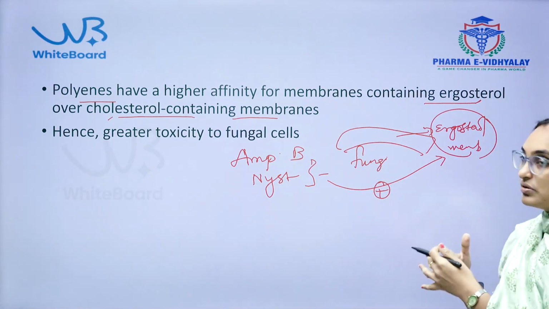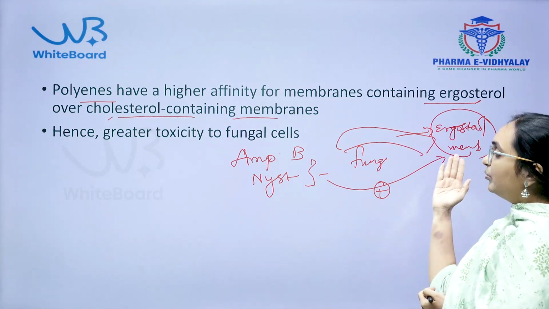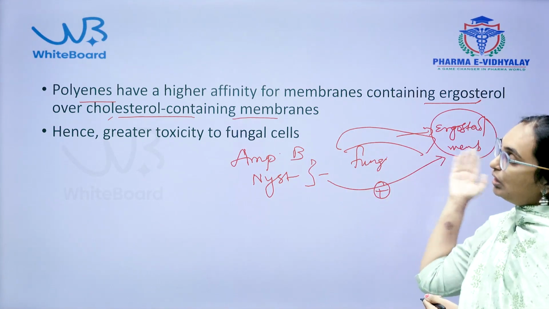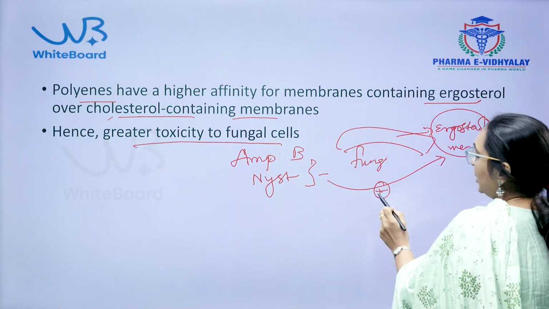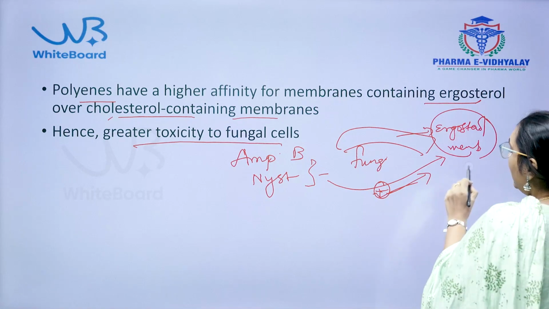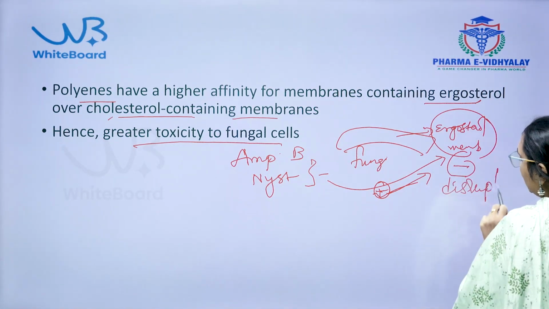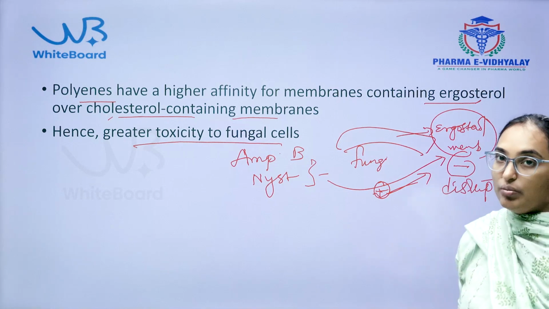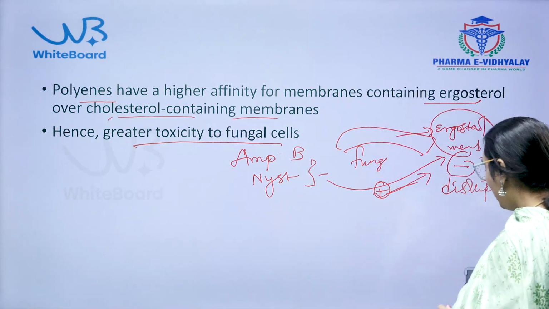Because of that affinity, amphotericin B and nystatin target the ergosterol membrane, hence greater toxicity to the fungal cells. Higher affinity means it goes and binds to the ergosterol membrane and disrupts it. That means it disturbs the ergosterol membrane present in the fungi. So, this is the mechanism of action.